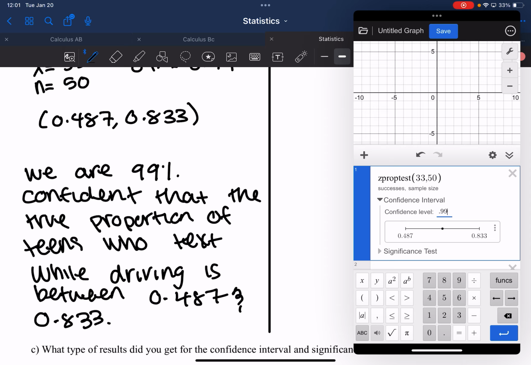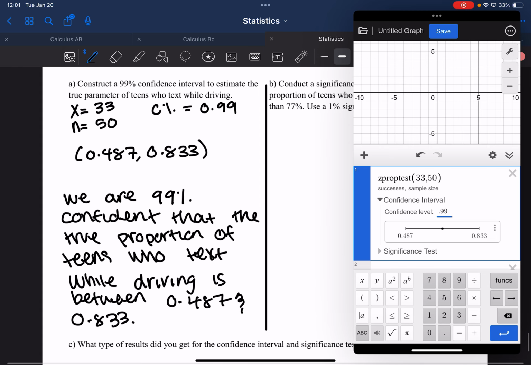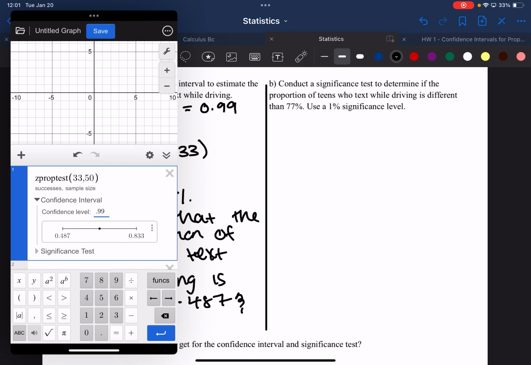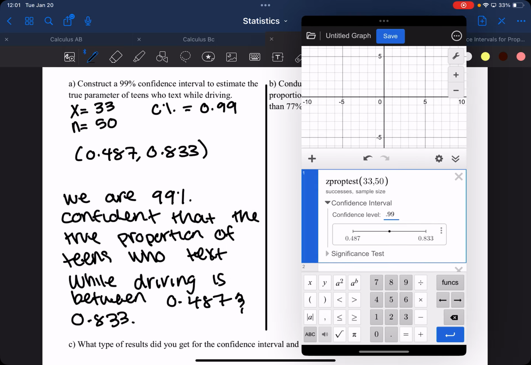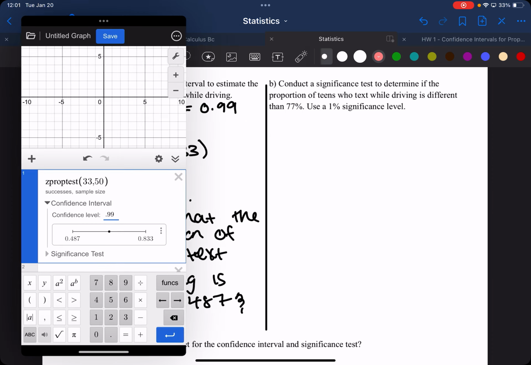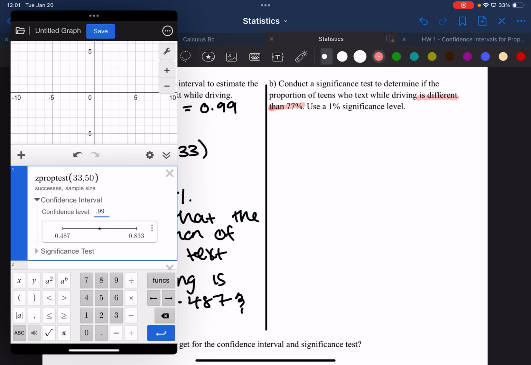Now using this same information, we're going to answer part B. Part B says, conduct a significance test to determine if the proportion of teens who text while driving is different than 77%. This part right here where it says is different, does this tell us we have a one-sided or a two-sided test?